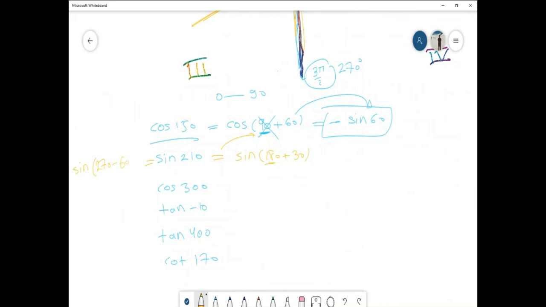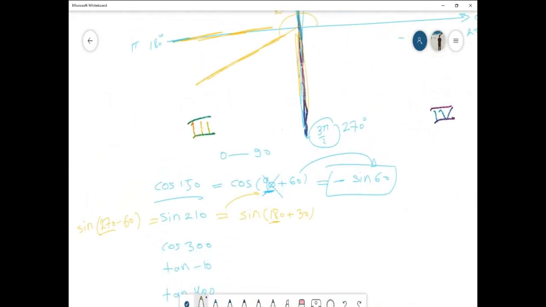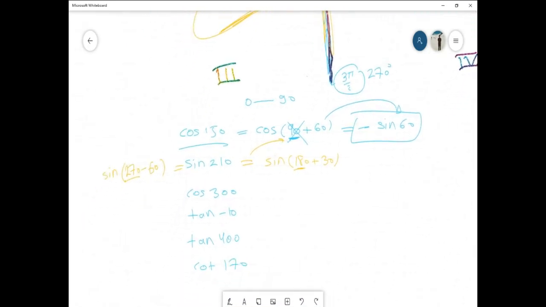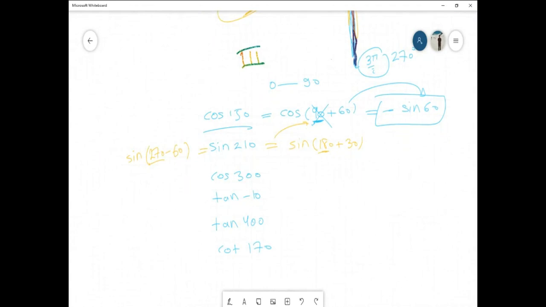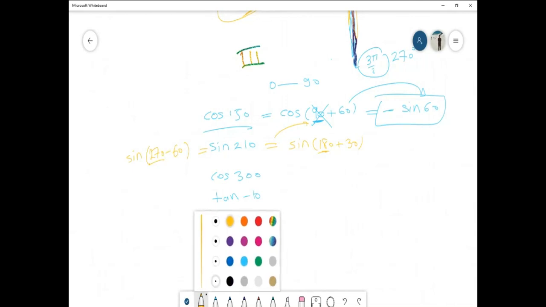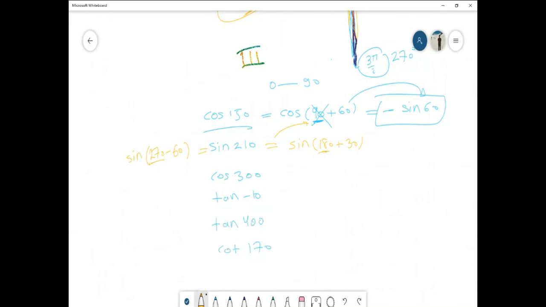Doesn't matter. It will give the same answer. Let me write it with the other boundary. I can write sine 210 as sine of 270 minus 60. Am I right? I can write it with this boundary or with this boundary. Doesn't matter. It will give you the same answer.